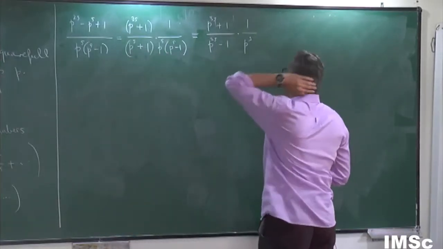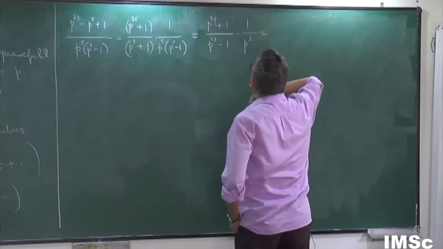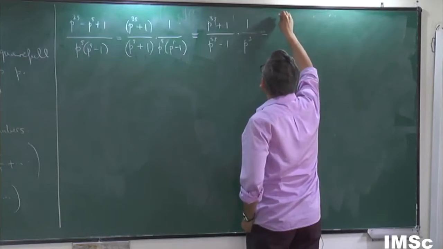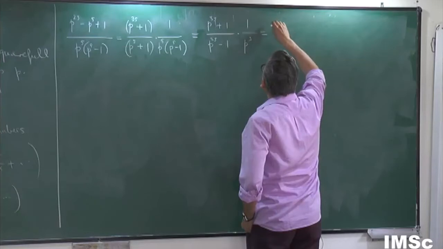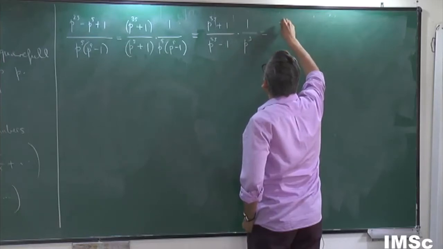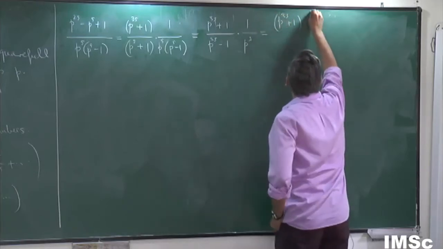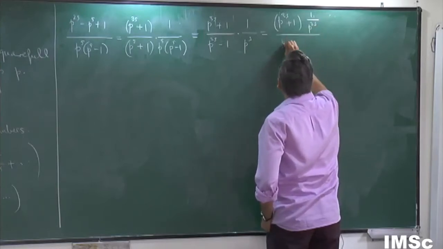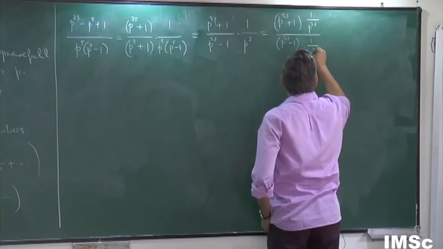All right. So now the idea is to do the following, to divide. So this thing can be thought of as p to the 3s plus 1 over p to the 3s divided by p to the 2s minus 1 over p to the 2s.